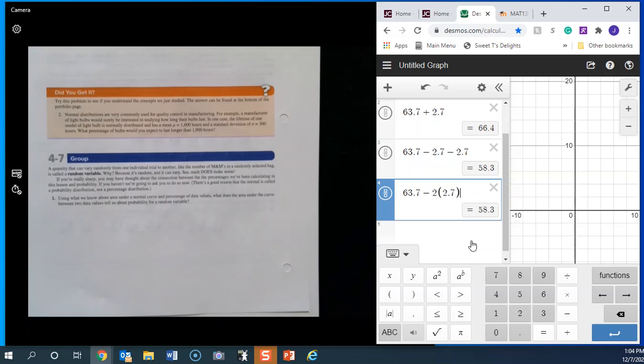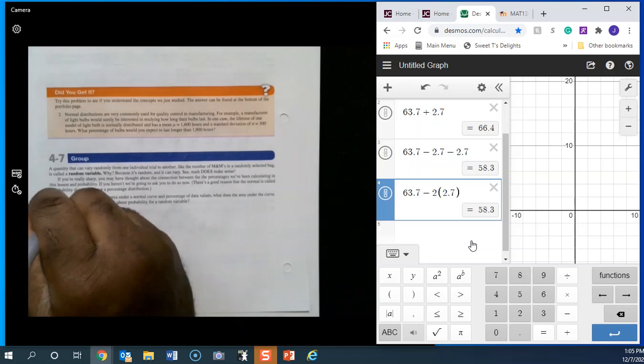If you're really sharp, you may have thought about the connection between the percentages we've been calculating in this lesson and probability. If you haven't, we're going to ask you to do so now. Using what we know about area under a normal curve and percentage of data values, what does the area under the curve between two data values tell us about probability for a random variable?